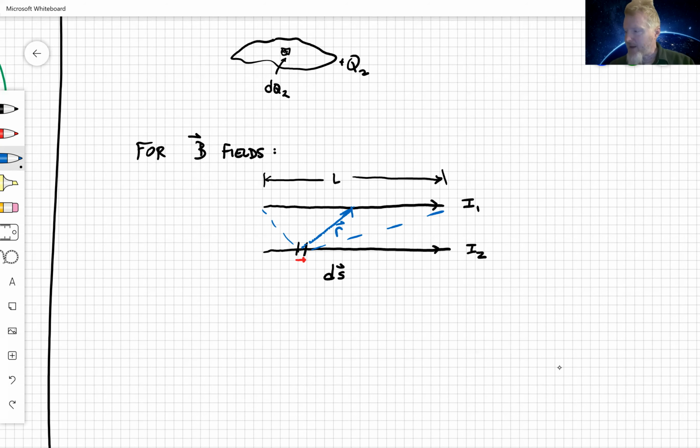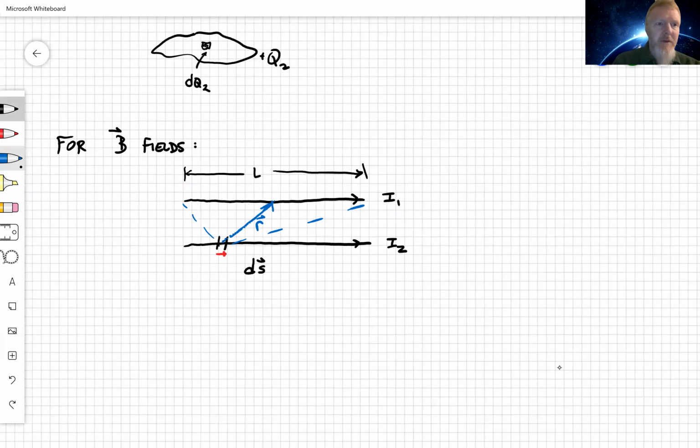Now, what we're going to find is that the force, okay, here, dF of current 2 on current 1, all right, is just from the modified Lorentz rule. It was I1 L. Okay, so we give L the same vector nature as the current.